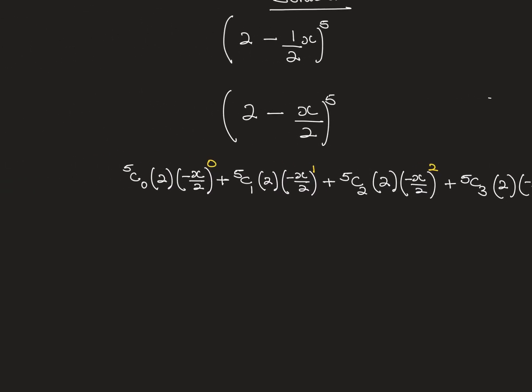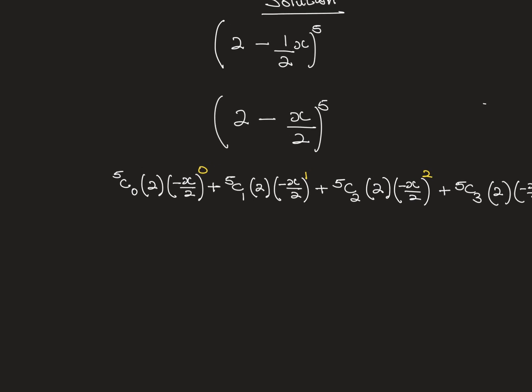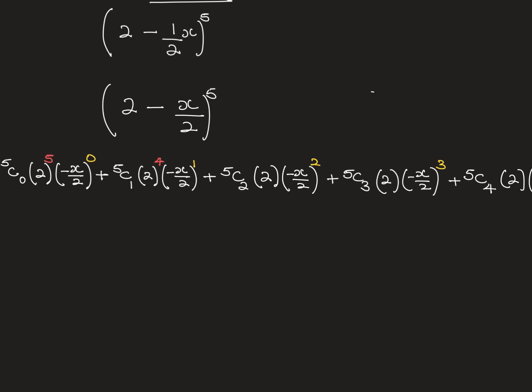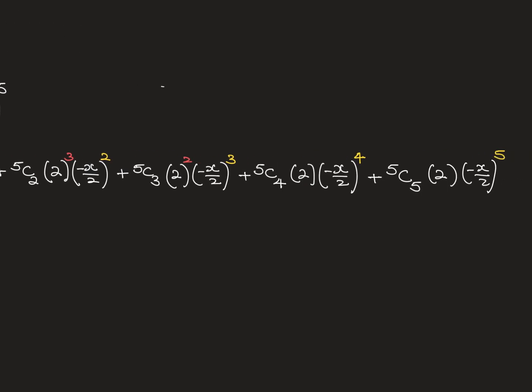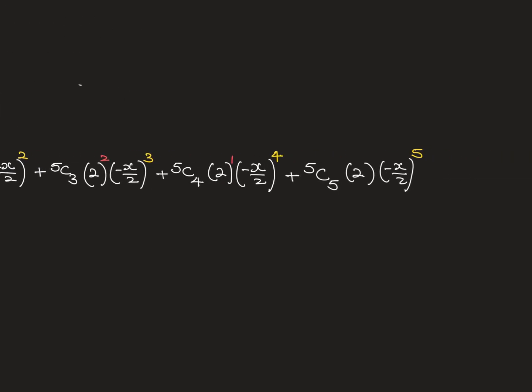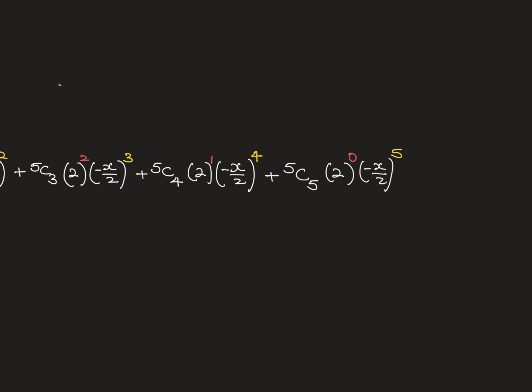Then if x is going in ascending order, it means that the 2 here as our binomial will go in descending order. So let's start with 5, then 4, then 3, then 2, then 1, then 0, as you can see.